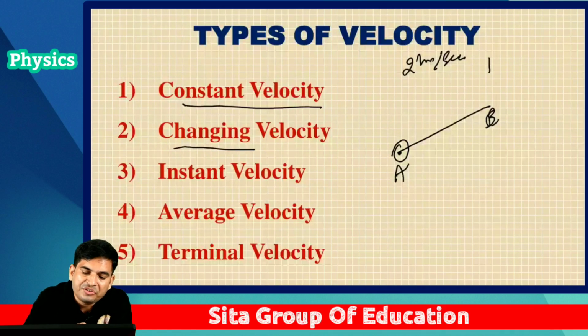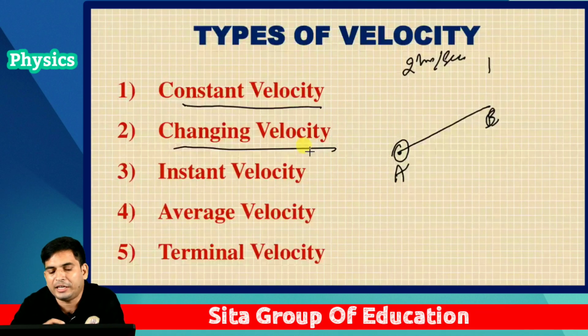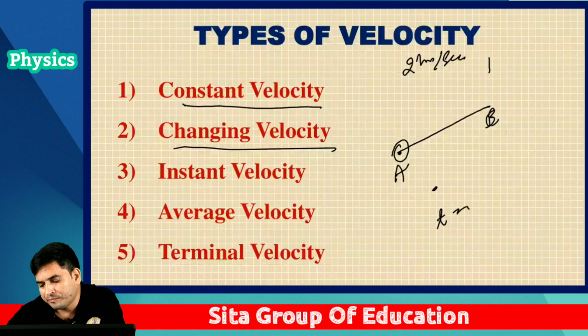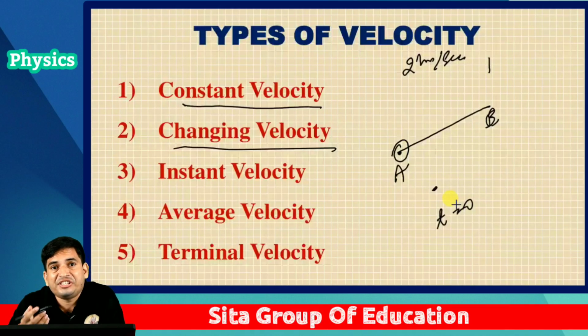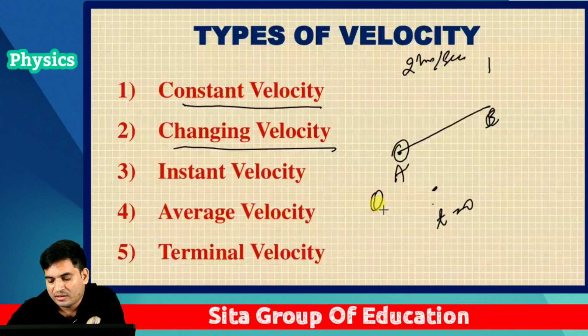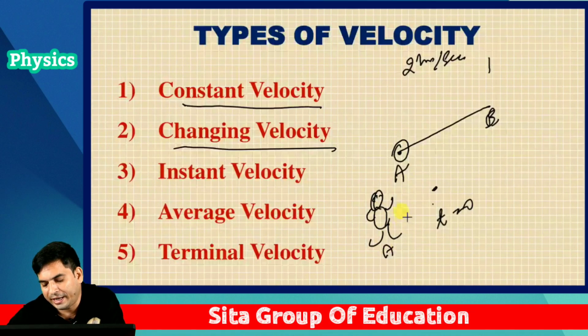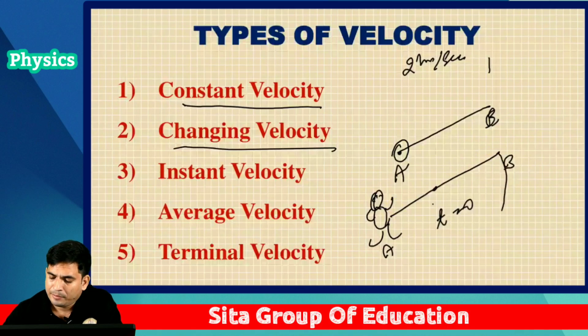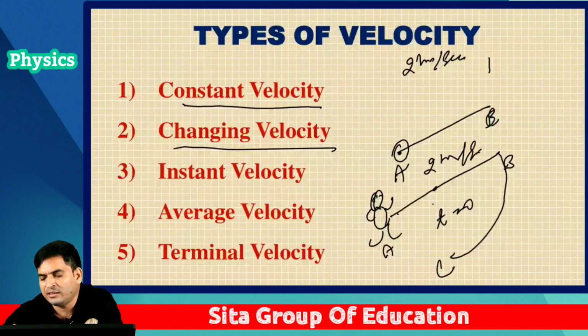Next one is the changing velocity. Changing means that with respect to time, velocity changes. Suppose this object starts from point A, goes to point B, then B to C, with 2 meter per second in one part and 3 meter per second in another.